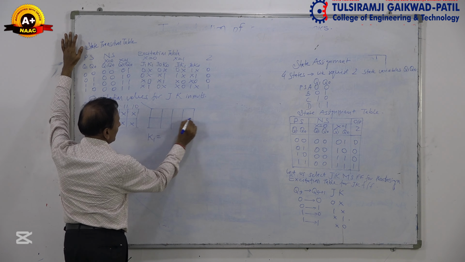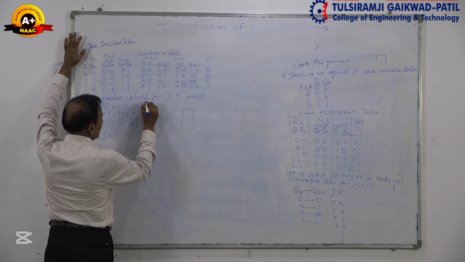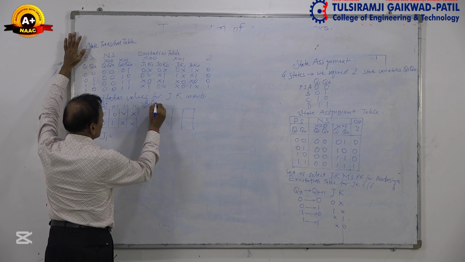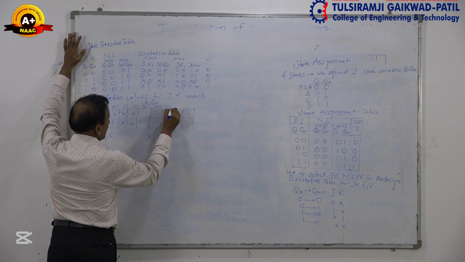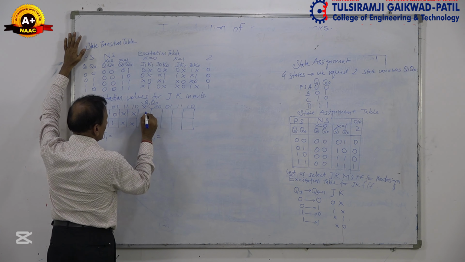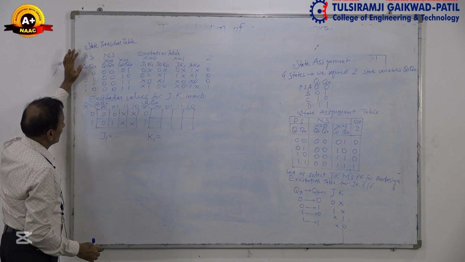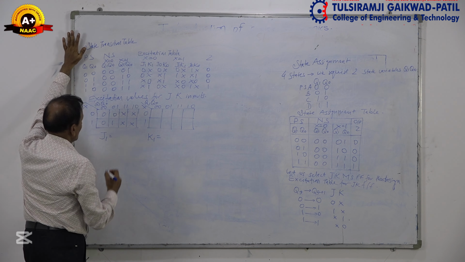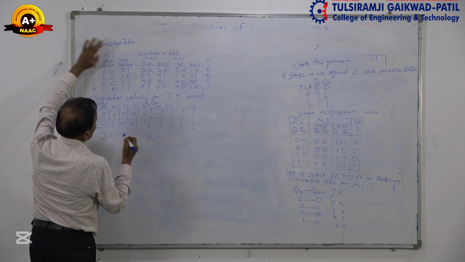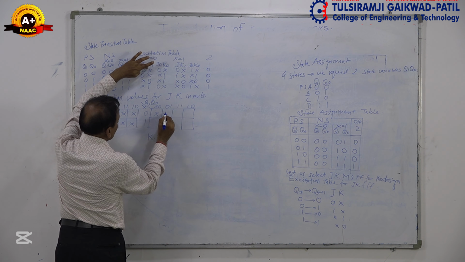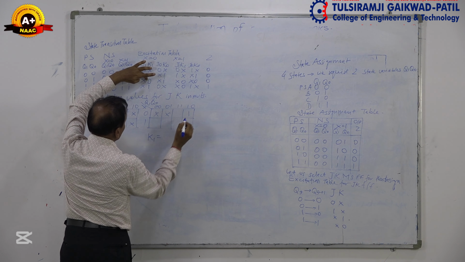And for K1, let us have x here, q1, q0 here. Now the value of K1 is don't care, don't care, 0, 1.